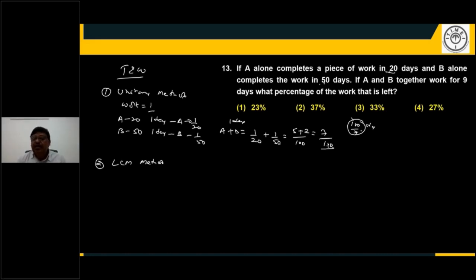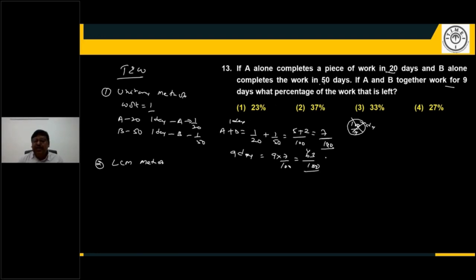But now he's not asking in how many days the work is completed. They work for 9 days, so how much work is completed? In 1 day it is 7 by 100, so in 9 days, students, it is 9 into 7 by 100, you can see 63 by 100. 63 by 100 means 63% work is completed.